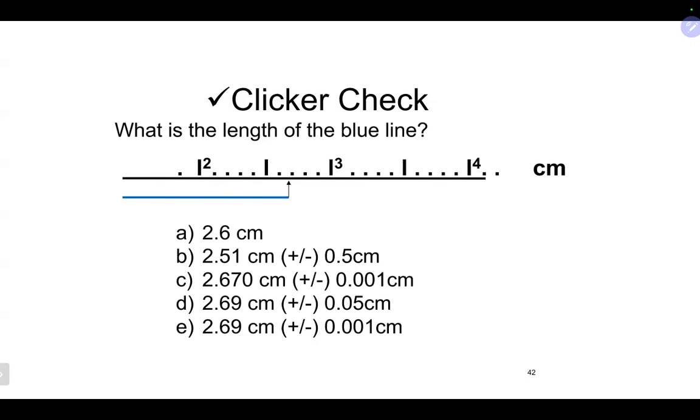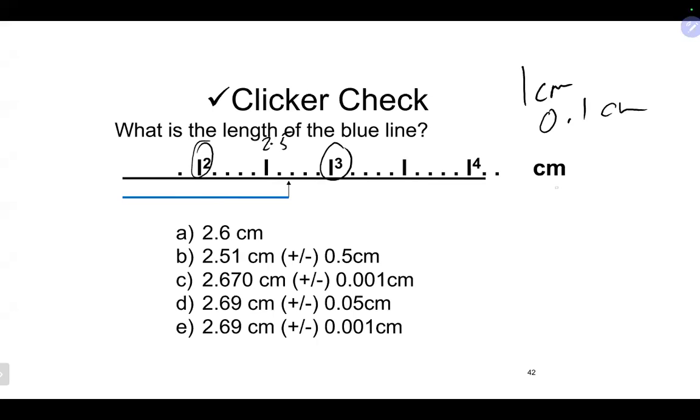So if we look at this here, we would want to look at the scale and figure out what we're looking at. So we have big numbers here and here. The difference there is our 1 centimeter. We have 10 markings between those two. So much like our previous example, each of the small markings is 0.1 of a centimeter. And that would mean that right about there would be 2.5, so we're at least 2.6, right?